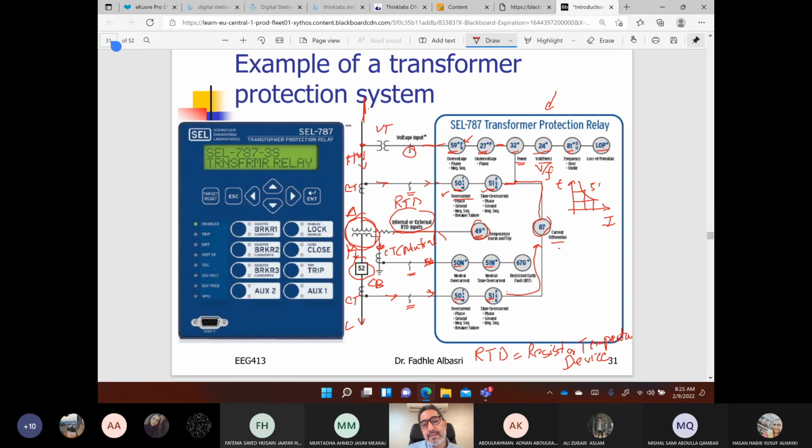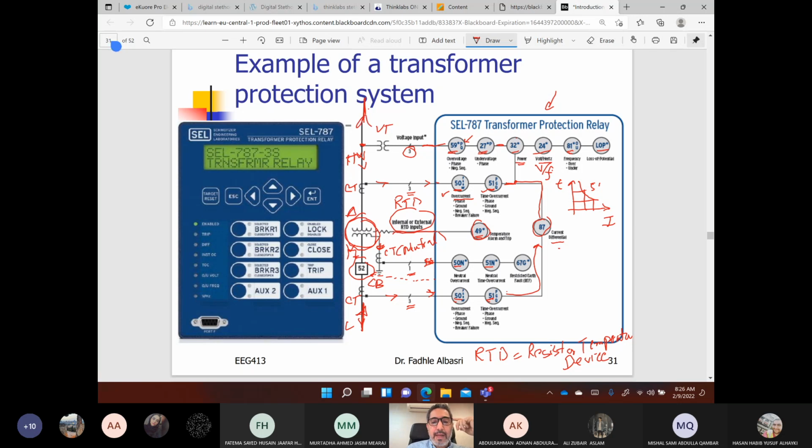Now, if the relay finds, based on any of those functions, faulty conditions, it will provide a trip command to the circuit breaker to open, so it will disconnect the feeder. Normally the supply to this transformer will be from this side, so it will disconnect it.